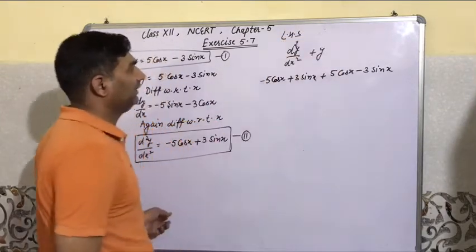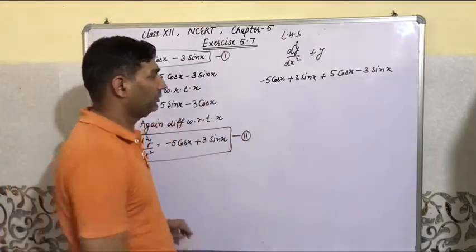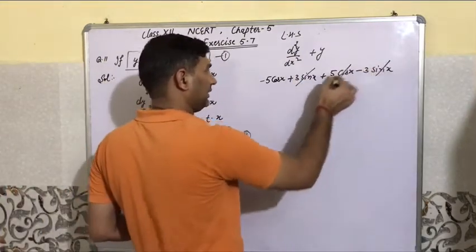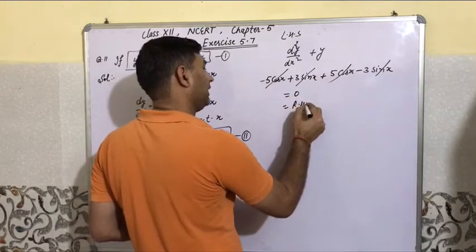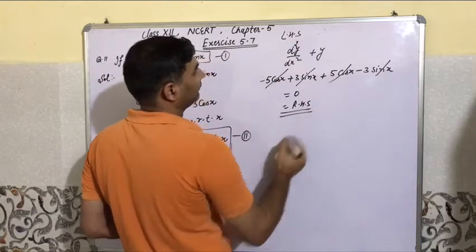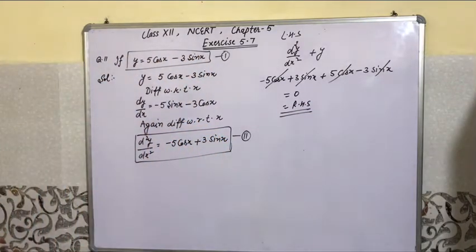This left hand side d square y upon dx square plus y. Then put the value of both. This cancels out to this, is equal to 0, is equal to right hand side. Hence proved. This d square y upon dx square plus y is equal to 0.